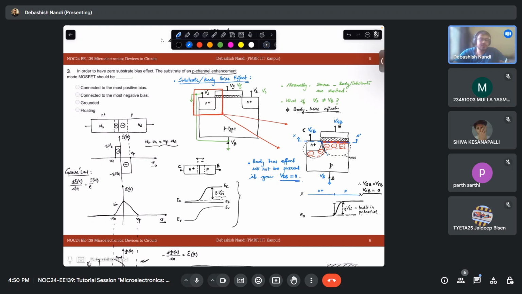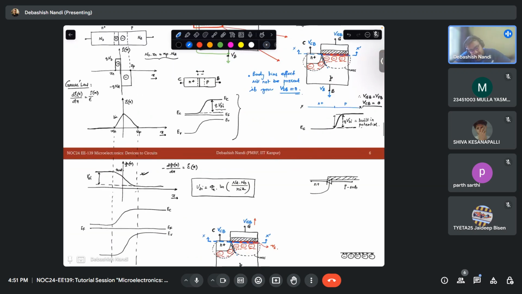Now, for an NMOS, my source is generally connected to ground and higher voltage is applied to the drain. But in case of PMOS, just the opposite happens. Source is connected to the high supply rail and my drain is connected to the ground.